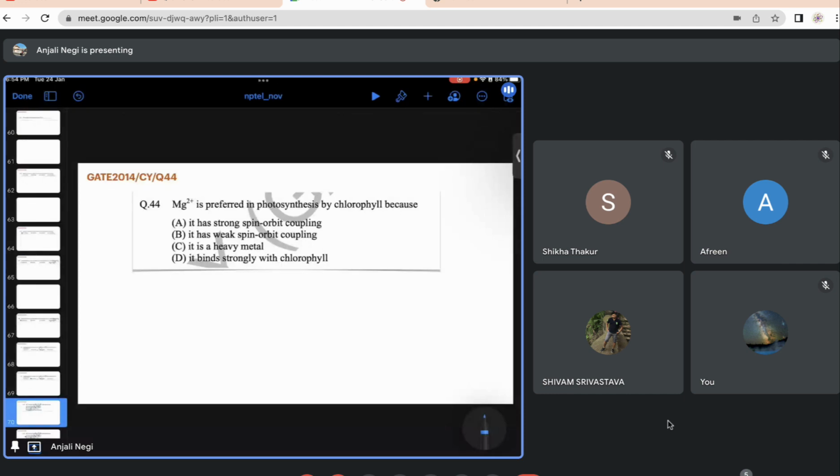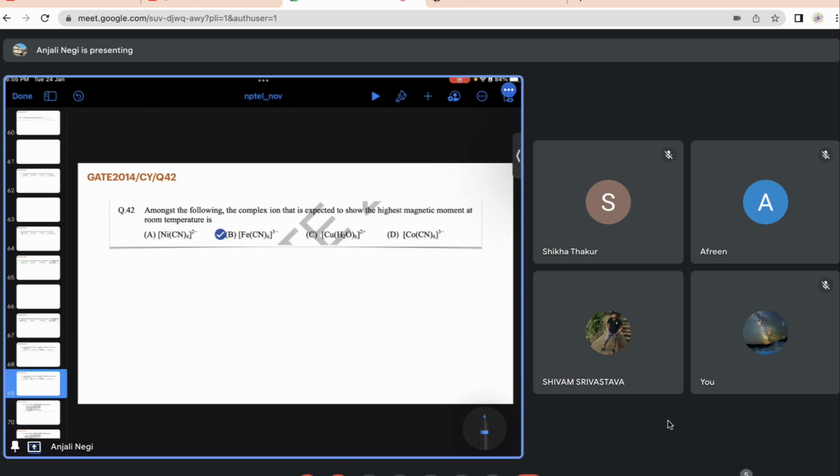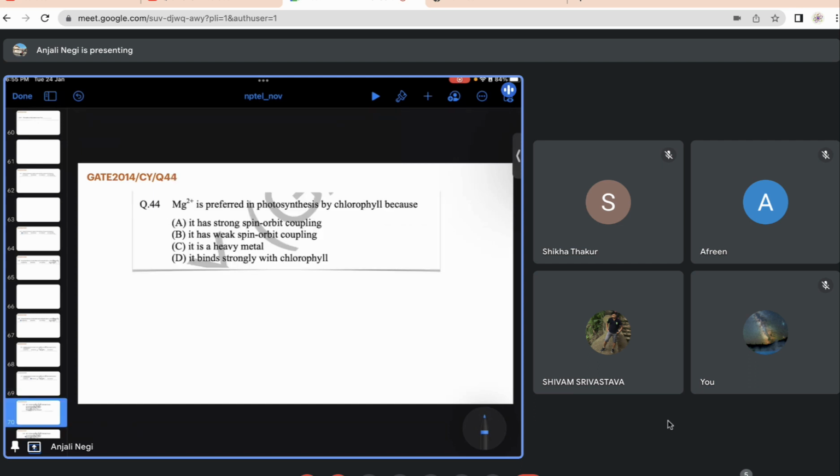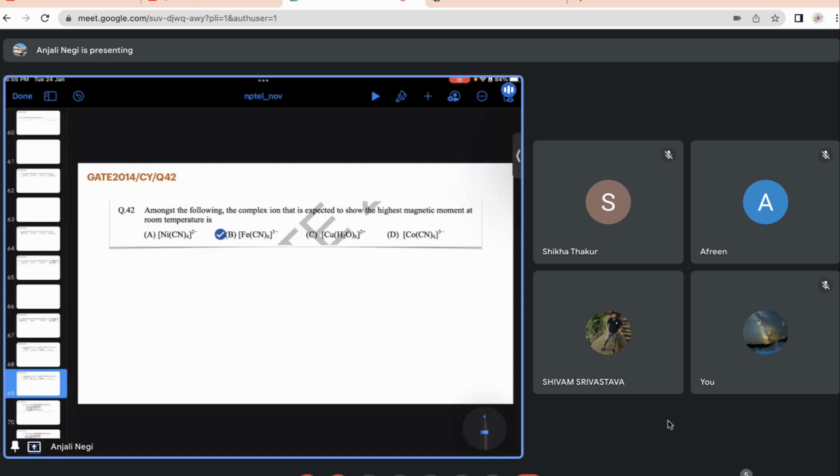This magnesium 2 plus ion is preferred in photosynthesis by chlorophyll because. So the correct option I am not going to tell you now, but it is a fairly interesting problem. So you can also have a look into this 42 and 44.